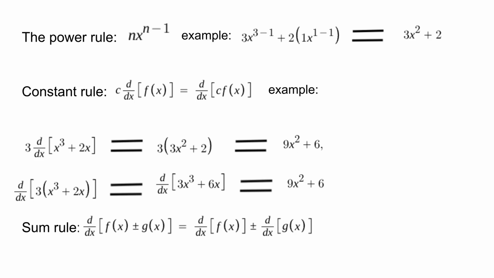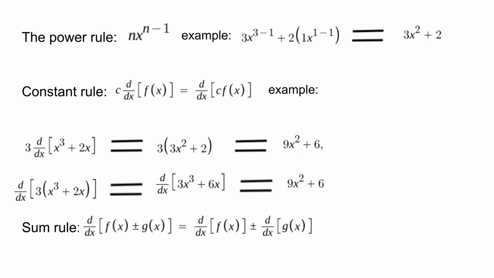The constant rule states that regardless of where a constant is in the derivative, the value given will be the same. We can see this with the constant of 3 and the function x cubed plus 2x.